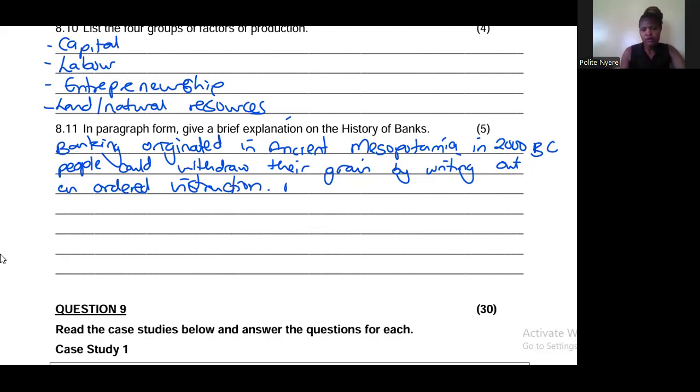So now our modern banks were established in the 17th century with the First National Bank.